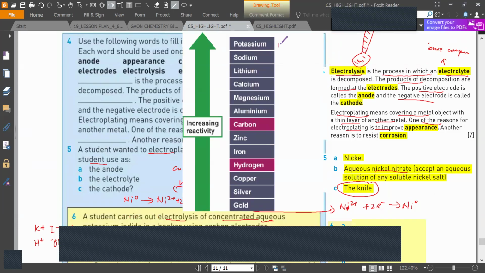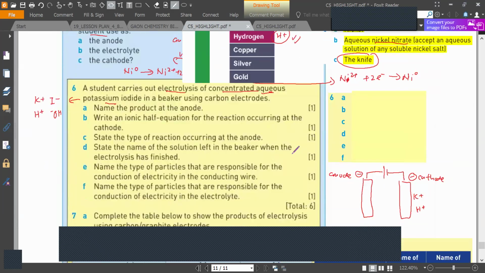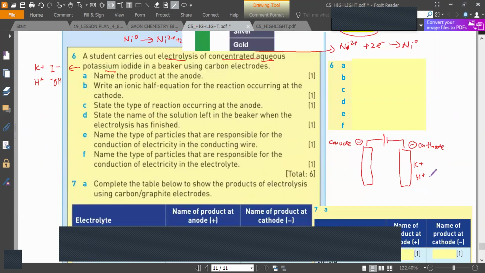Potassium is here, hydrogen is here. Always we will take the lower one, so hydrogen will react, adding two electrons, and we'll get H2 gas.